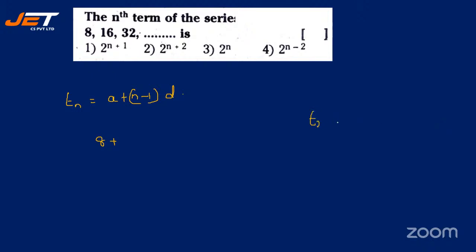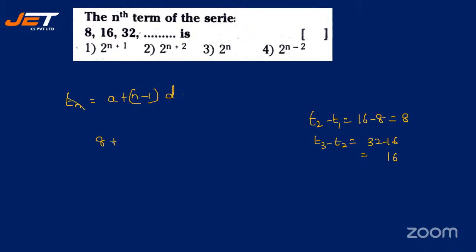T2 minus T1, 16 minus 8 is 8. T3 minus T2, 32 minus 16 is 16. So this is not AP.